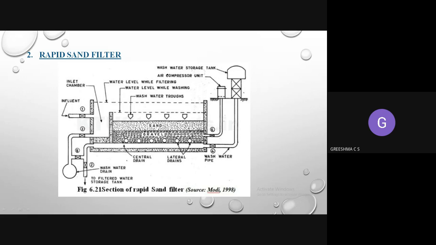The water drains through the filter media, and here they have provided a central drain. Several large drains are provided, and through these drains the filtered water will be collected.